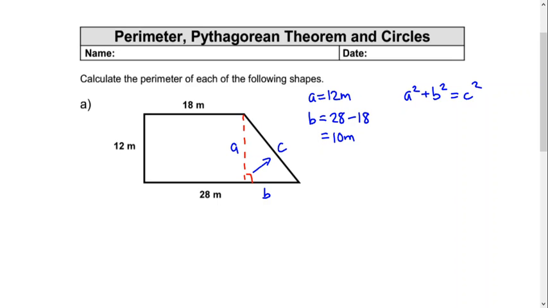I'm going to substitute in my values for A and B. My A is 12, so 12 squared, plus B is 10, 10 squared is equal to C squared. 12 squared is the same as 12 times 12, so that's 144. And 10 squared is the same as 10 times 10, which is 100.